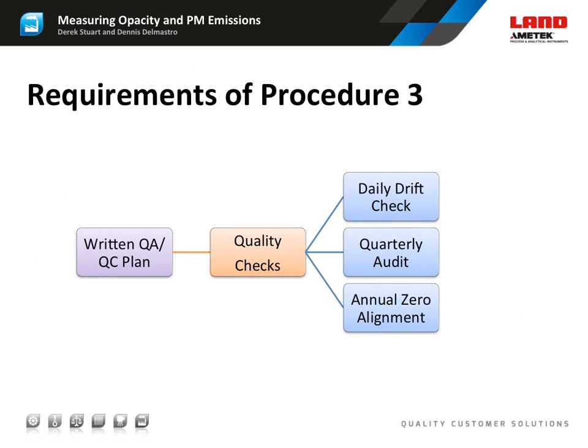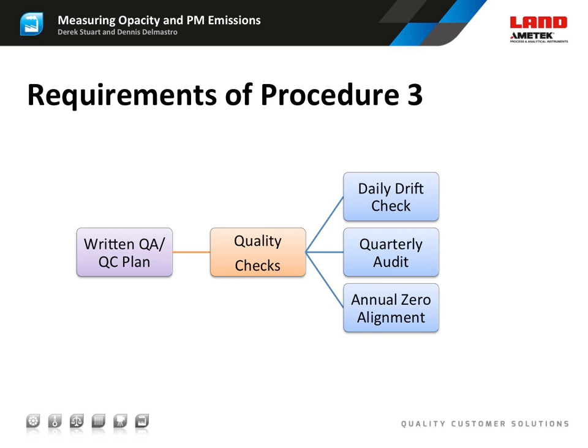As the opacity market matured, the EPA also had an interest in ensuring that manufacturers had a written quality assurance quality control program in place for their opacity monitors. The EPA subsequently released a written QA/QC requirement entitled Procedure 3, which defined the daily, quarterly, and annual QA/QC tests which need to be conducted on each opacity monitor to maintain its certified status.